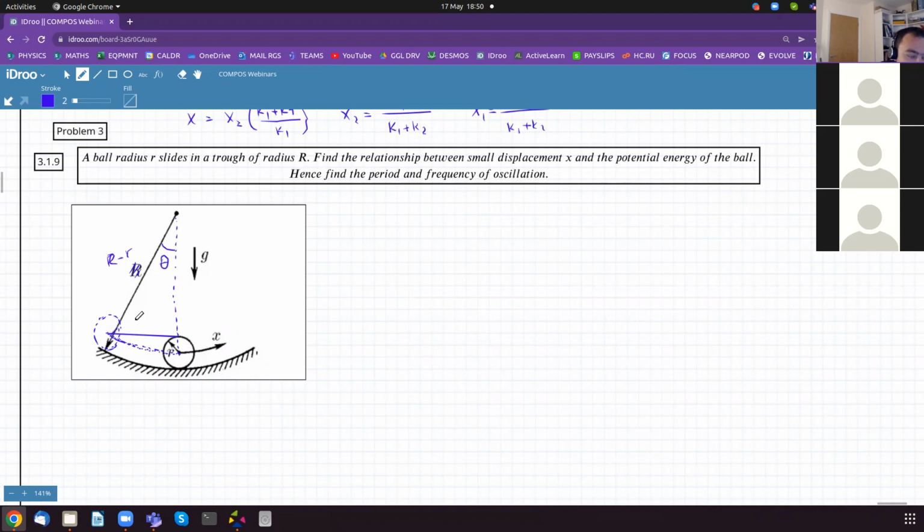This is R minus r, and so the height which it is raised is going to be R minus r, minus R minus r cosine theta.